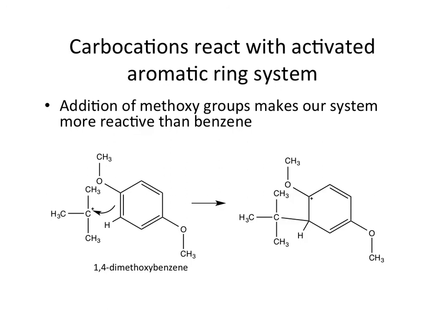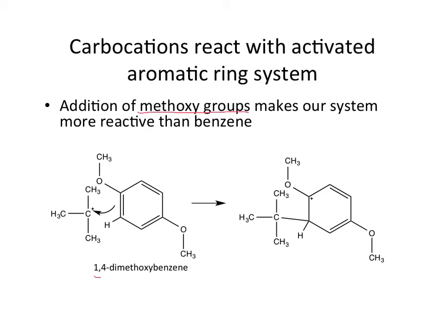And then once we have our carbocation, we can focus on the aromatic system. One of the things we said is we need to increase the reactivity of the aromatic system. And we're going to increase the reactivity of the aromatic system by adding methoxy groups.